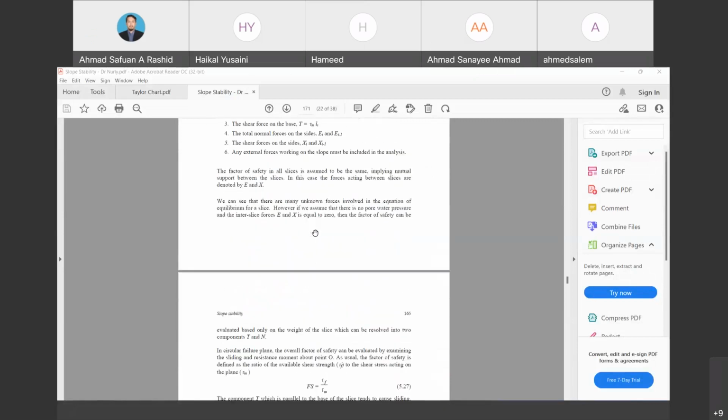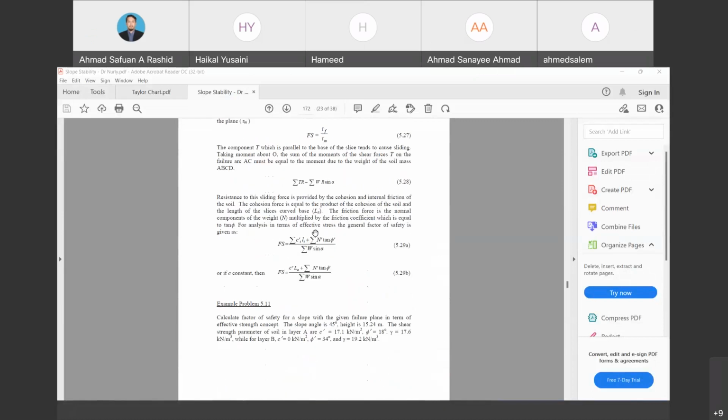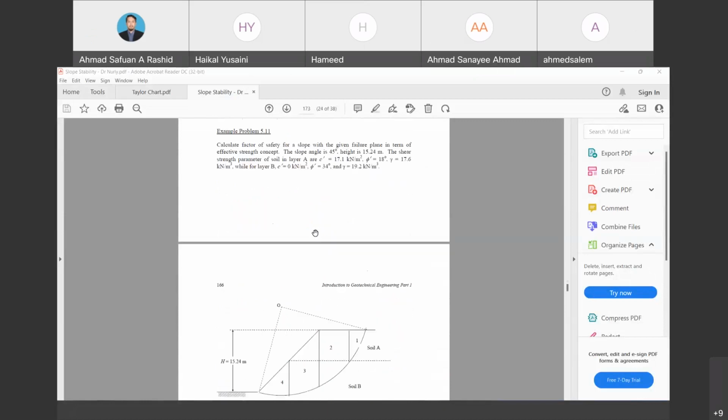Most of my explanation is based on it. So this is for the simple or ordinary method, without introducing any pore water pressure or seepage in this example.